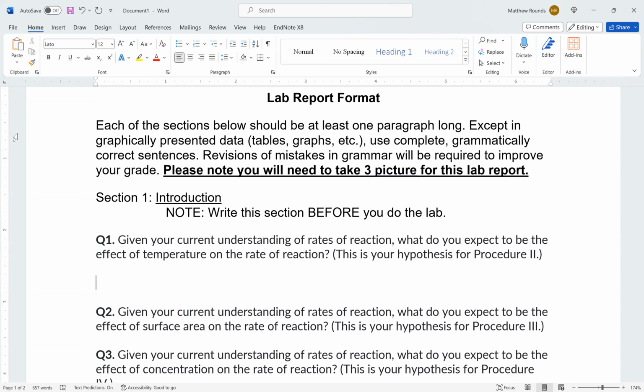Because right now I only wrote: when the temperature increases, their reaction time gets faster. The rate of reaction, not reaction time. One sentence is fine. It would be better to word it this way: as the temperature increases, the rate of reaction, and then you fill in the blank.